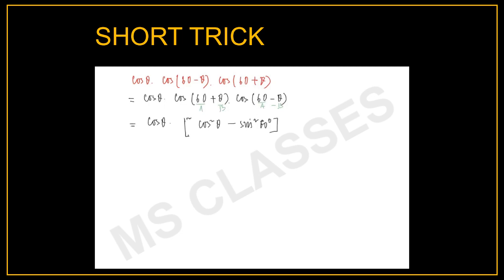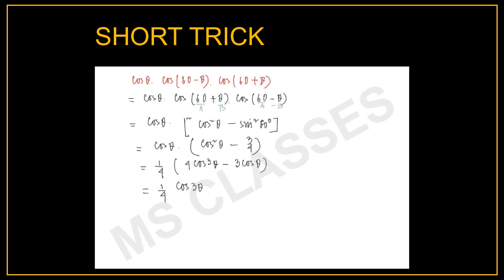So this is giving us cos theta into cos square theta minus 3 by 4. So 1 by 4 outside, and this gives us 4 cos cube theta minus 3 cos theta. So 1 by 4 cos 3 theta.